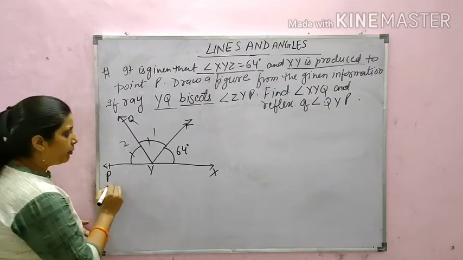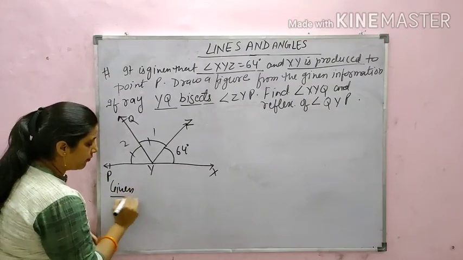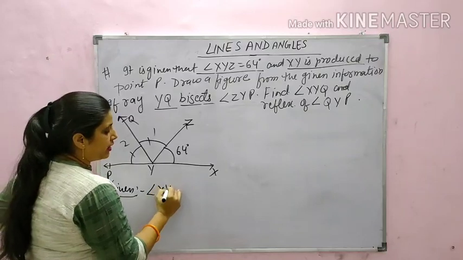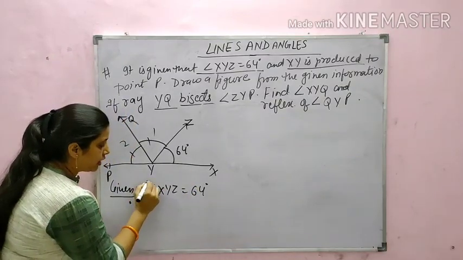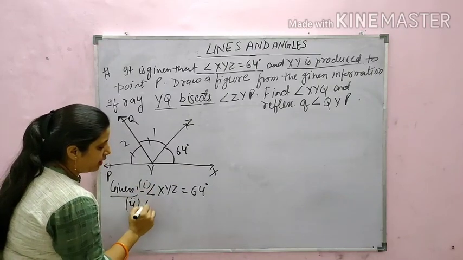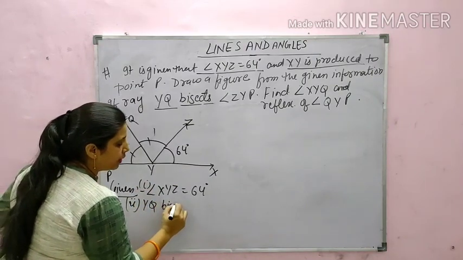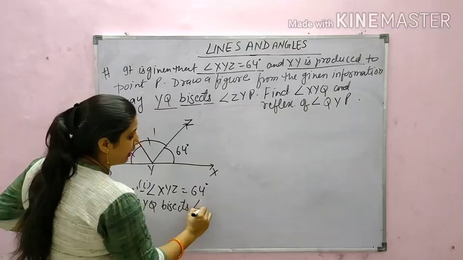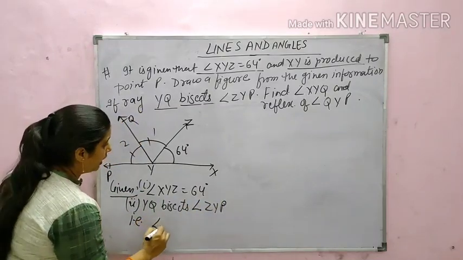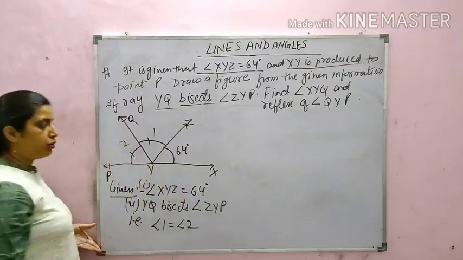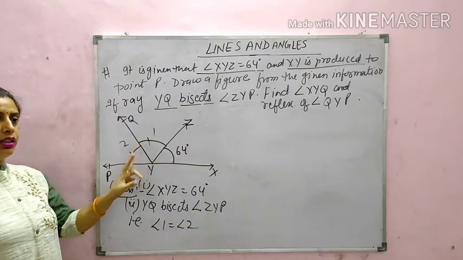Clear? Now I am writing here what is given. Angle XYZ equal to 64 degree. Also, this is our first point. Second point is YQ bisects angle ZYP. That is angle 1 equal to angle 2 from the figure. Clear?